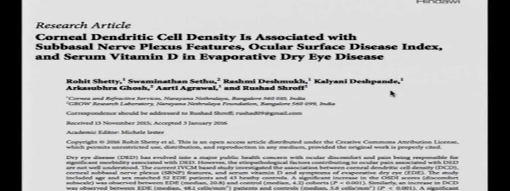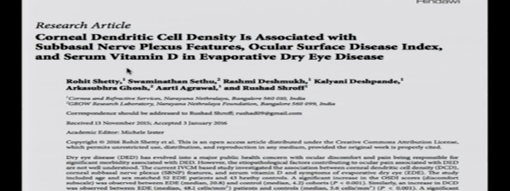So what next? We published work on how dendritic cells, vitamin D, and a simple questionnaire are all connected to each other. That means a patient who comes with a high questionnaire score, which we give in our outpatient department, does have more dendritic cells, even though you don't see signs of inflammation.